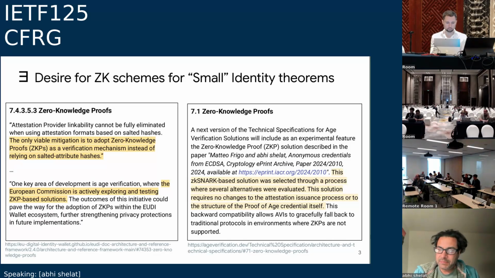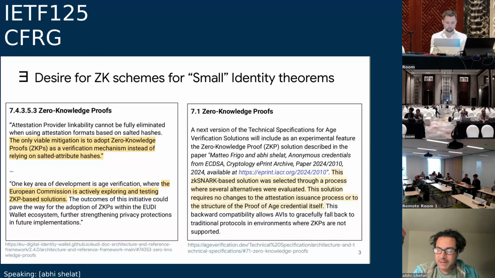And here, for example, I'll point out that the other major scheme for identity credentials, which is called BBS, is not suitable for these small identity theorems either, because it unfortunately leaks things like the index of the attribute that you're trying to release.